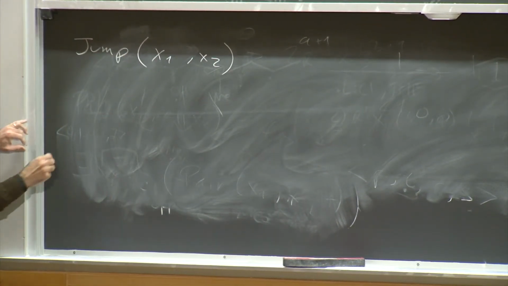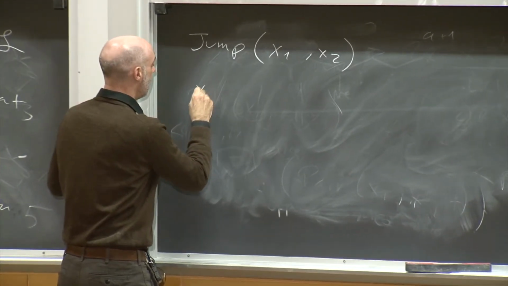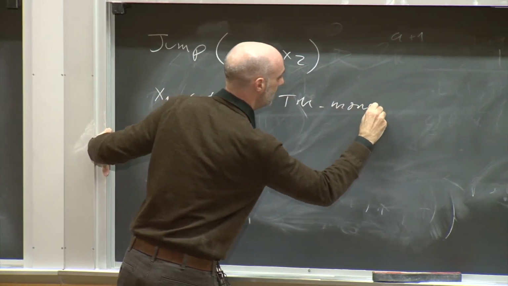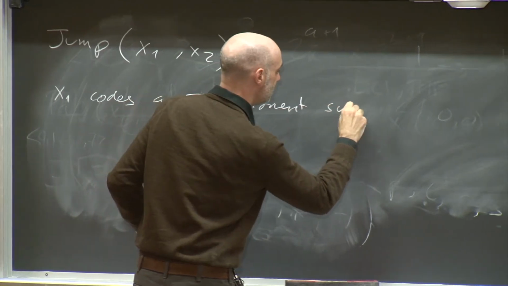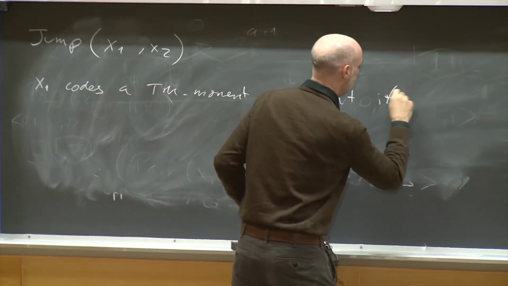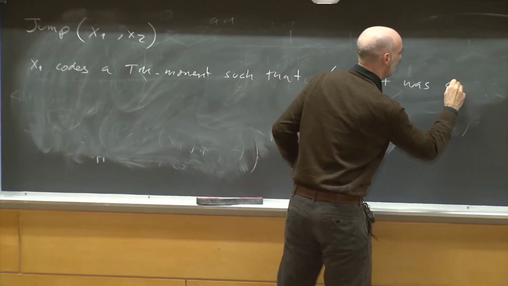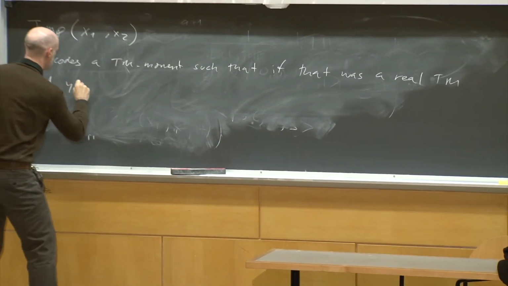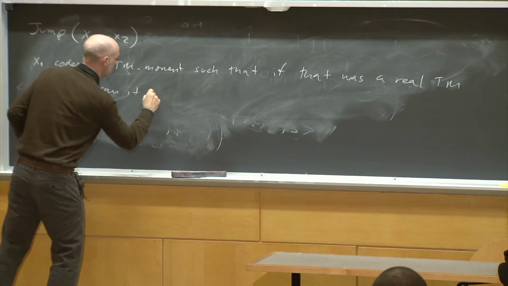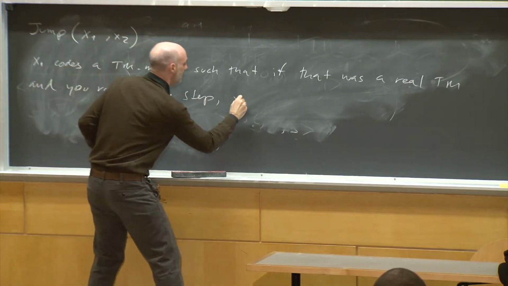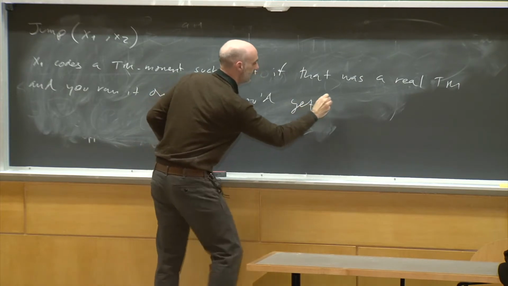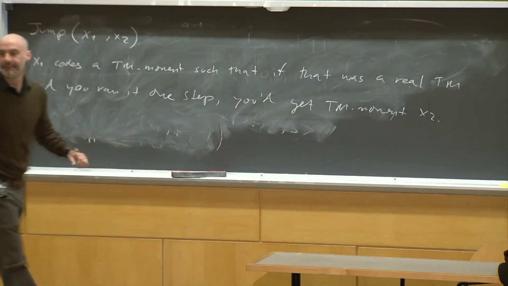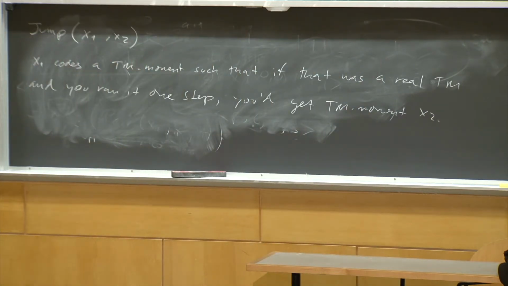And that's going to hold just in case x1 codes a Turing machine moment such that, if that was a real Turing machine and you ran it one step, you'd get Turing machine moment x2. So that's one step in a Turing machine operation.